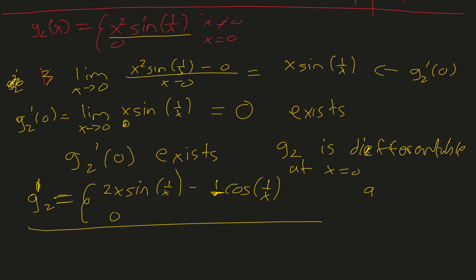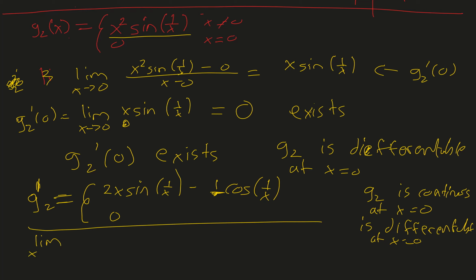We know that g2 is continuous at x equals 0. We also know it is differentiable at x equals 0. So now let's see if g2 prime is continuous at x equals 0. For that we have to take the limit as x approaches 0 of this g2 prime.